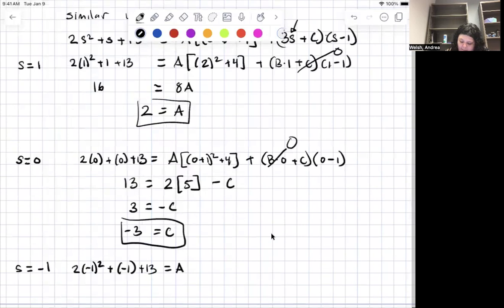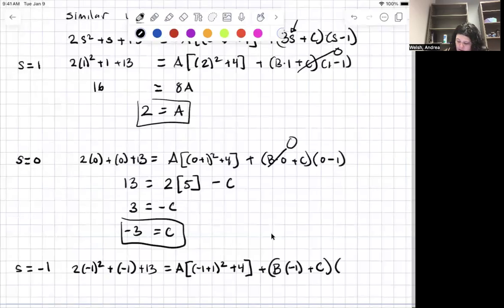So I have A. Then I have S plus 1. And while this isn't going to get rid of my A like we did with our first example, I do know what A is already. So I can plug that in. It's still simplifying a little bit, so that's pretty nice. Yeah, minus 1, great, plus C. All of this, and this was minus 1, minus 1.